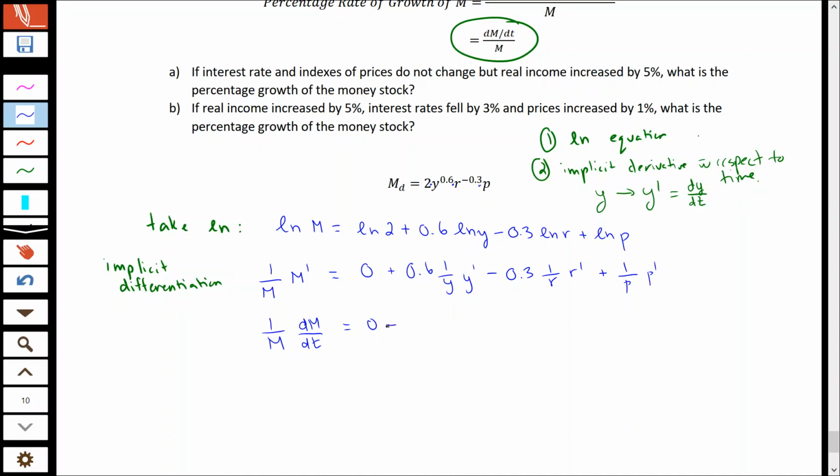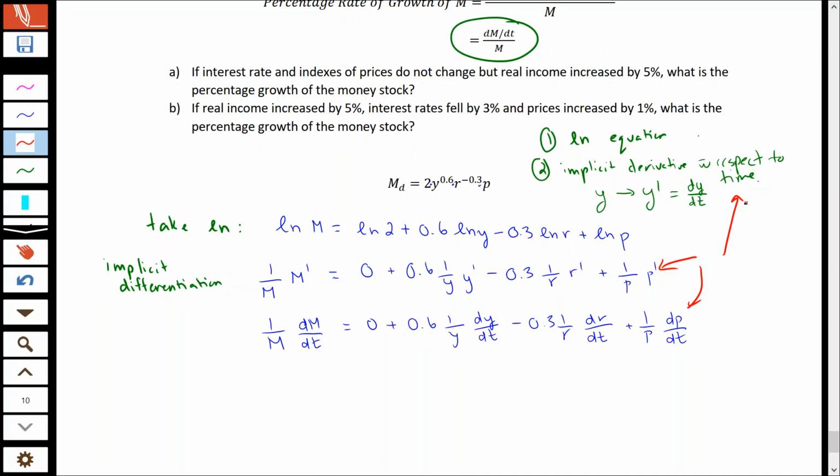And again, you could also write this using the formal notation of the derivative of y with respect to t, or the derivative of r with respect to t, derivative of p with respect to t. Because in this situation, all we're saying is that all of our variables are changing with respect to time. That's what we're getting at here.